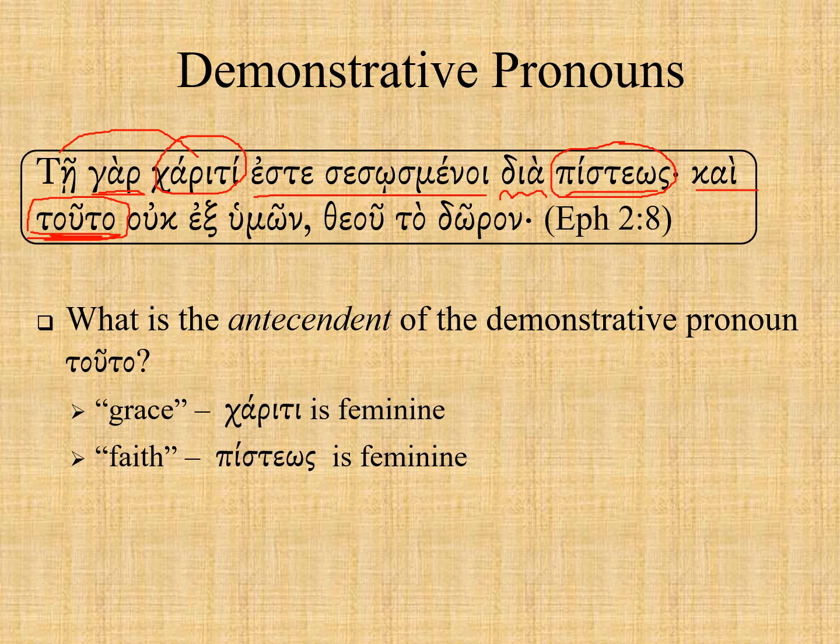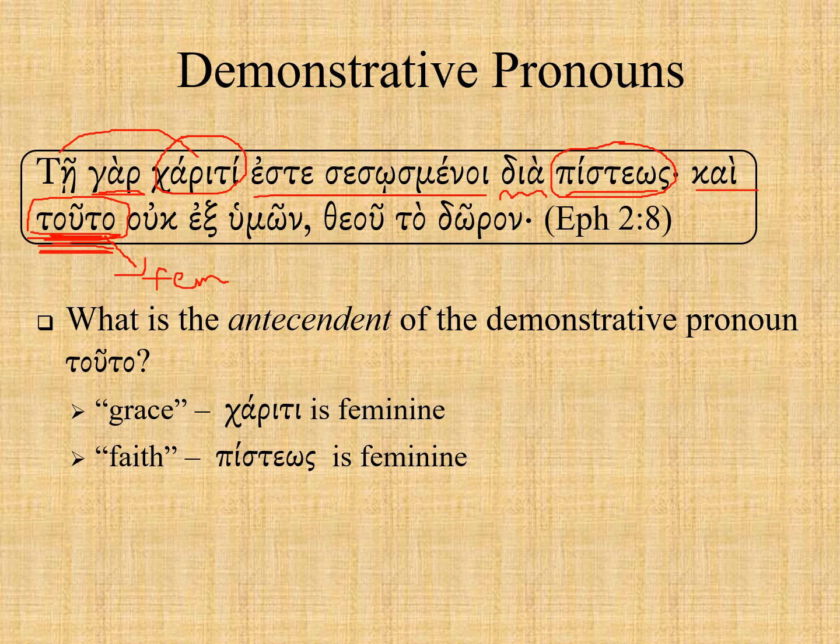Now, if touto was referring to either grace or faith, grammatically it would have to take the feminine form, because it would be alluding back to either he charis or he pistis, both of which are feminine forms.